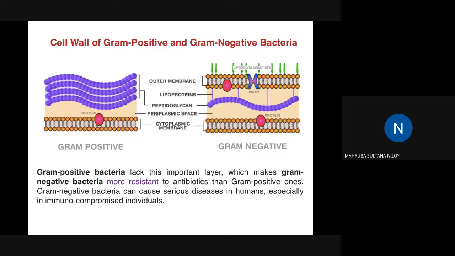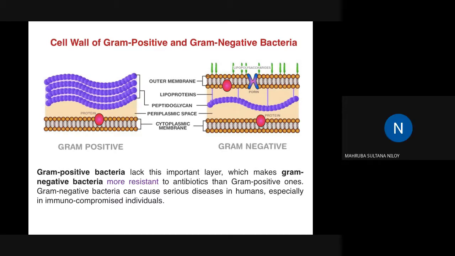So there are two types of bacteria we know, gram-positive bacteria and gram-negative bacteria. So their cell wall is different. How are they different? They're different in terms of outer membrane. Is it clear? Yes, sir.